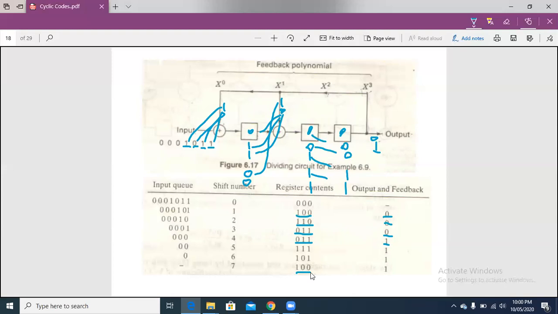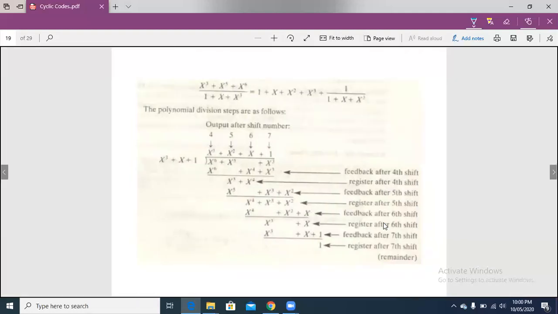The important thing to remember is that this 0 is fed back at the first shift, and this 0 is fed back at the second shift, and that will be the output. If we see the polynomial, this is the feedback after the 4th shift.